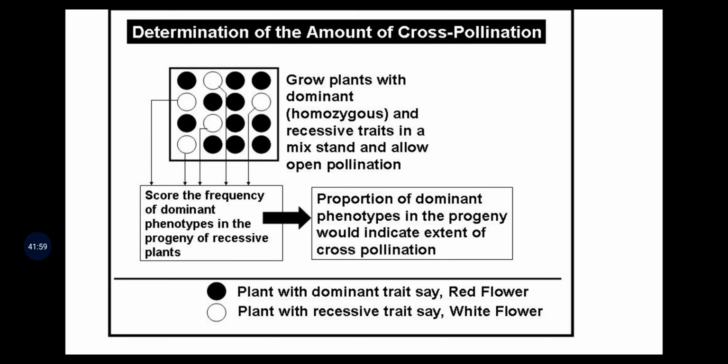With a combination of dominant and recessive characters in a single population, we score the frequency of dominant phenotypes in the progeny of recessive plants. The proportion of dominant phenotypes in the progeny would indicate the extent of cross pollination. Here the black dot indicates plants with dominant traits like red flower, then plants with recessive traits are like these white flowers.